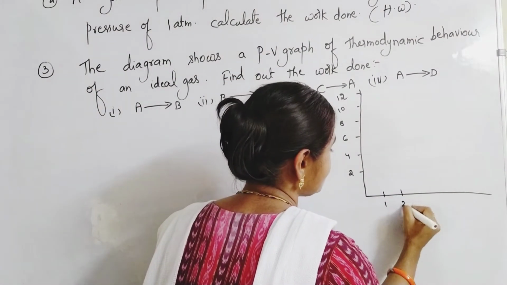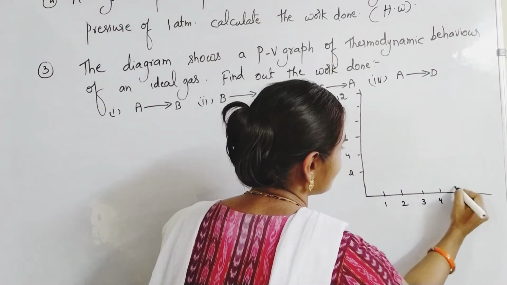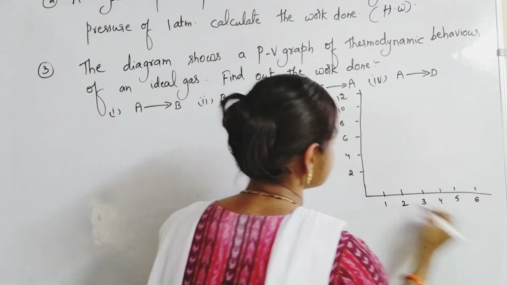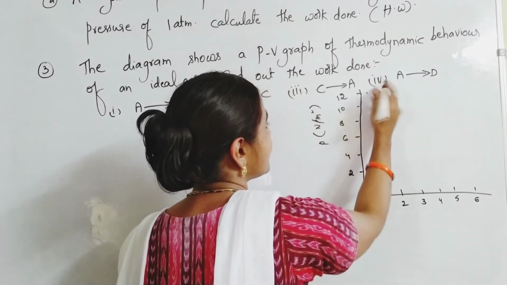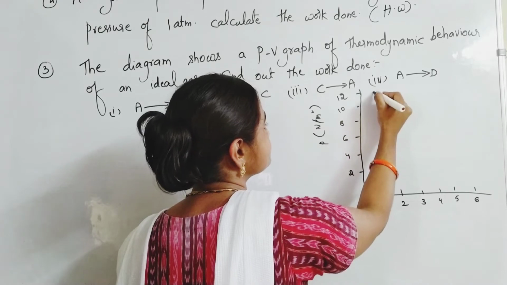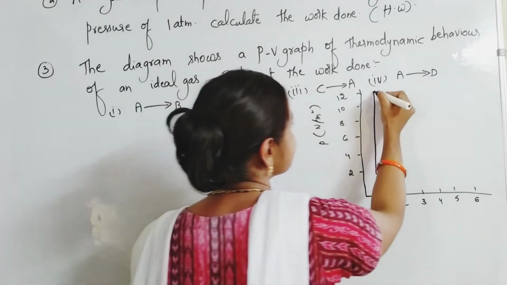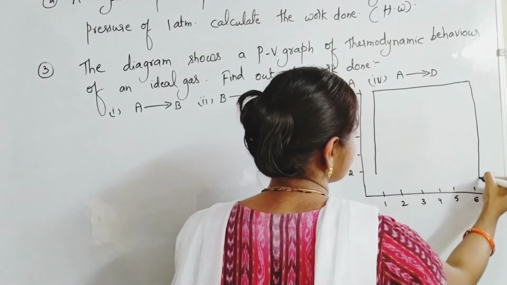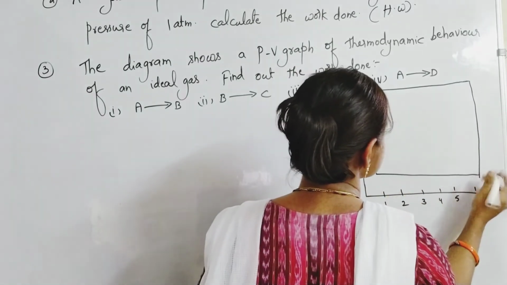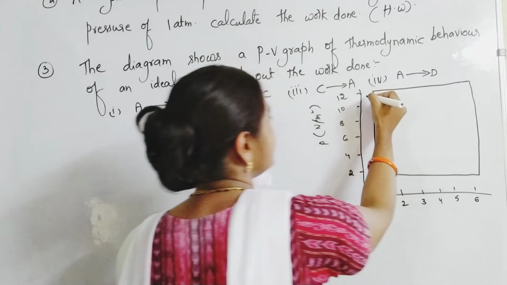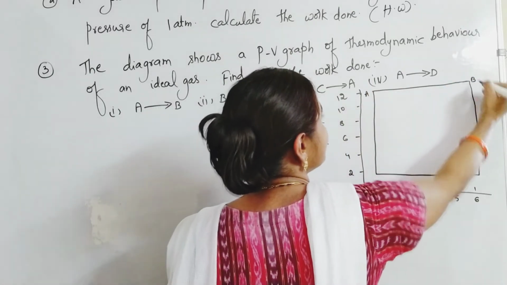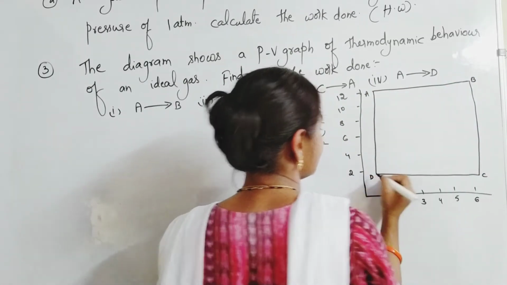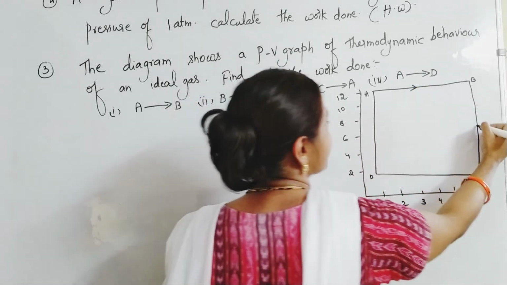Here 1, 2, 3, 4, 5, up to 6 it is given, and the cyclic process A, B, C, D is drawn like this. It's a cyclic process.